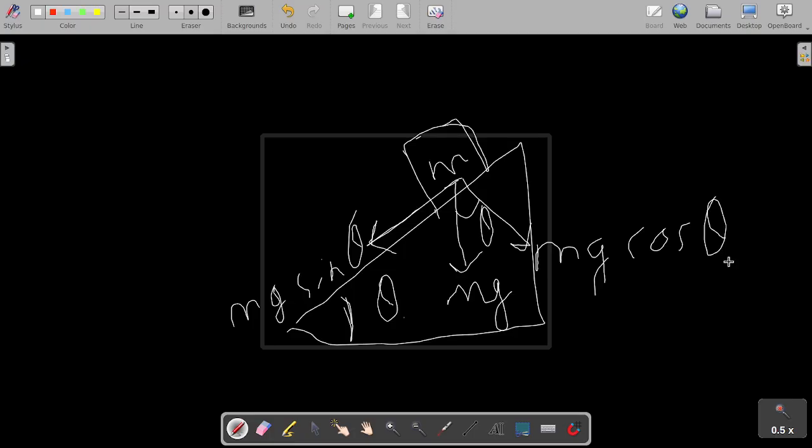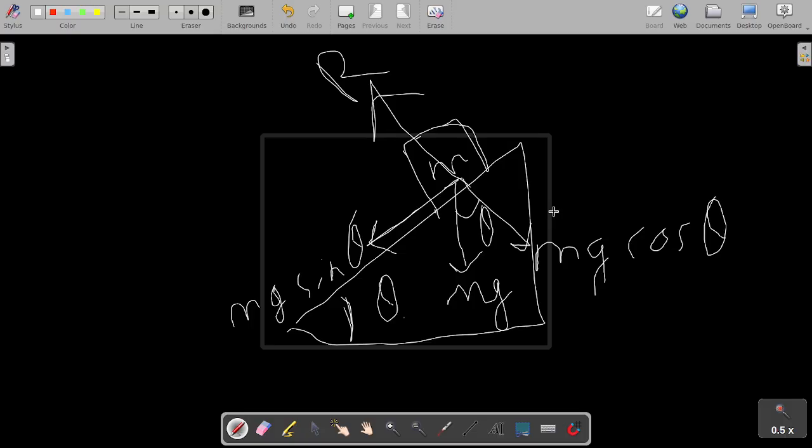Another very important force that is acting is the upward, or the reactionary force. It's called R, and this one is acting just up in the opposite direction of mg cos theta. So we can say that R balances mg cos theta, right?